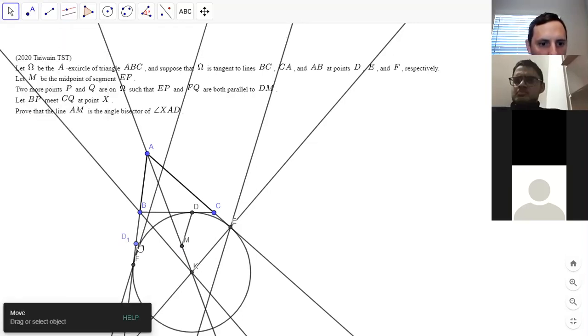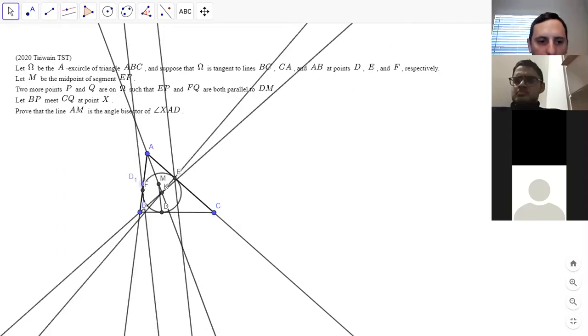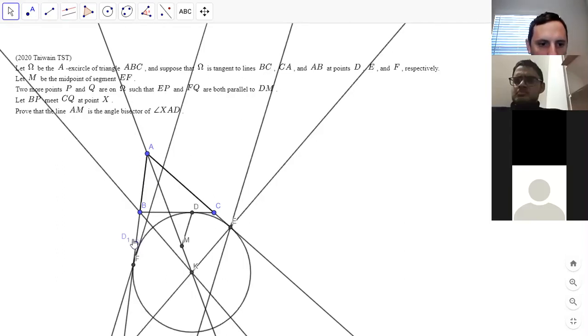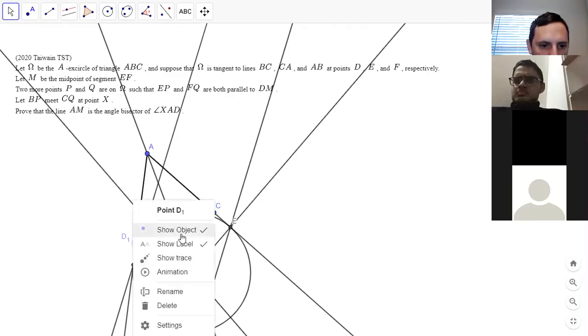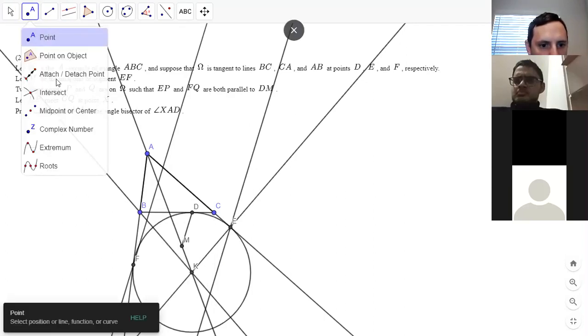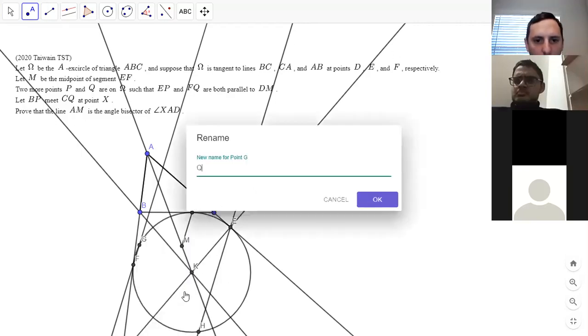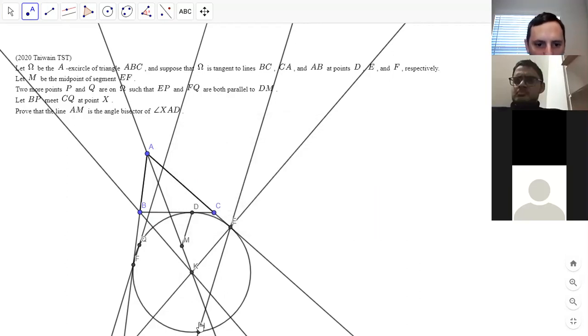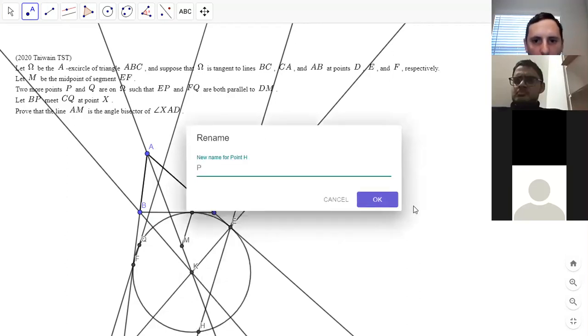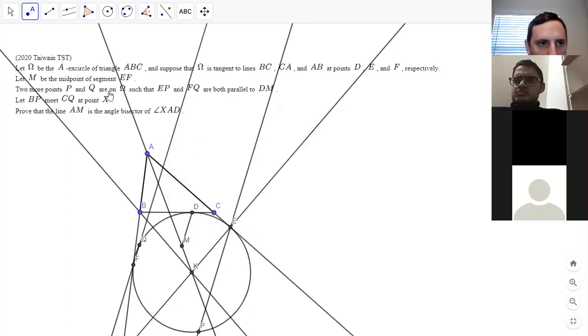EP and FQ. So this is Q. This is P. Let BP and CQ meet at X. This is an interesting configuration.